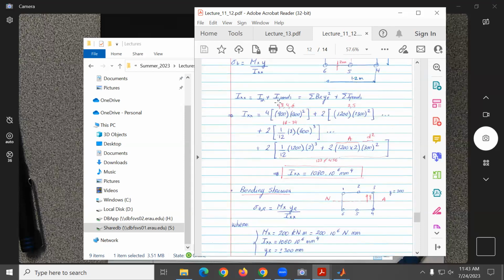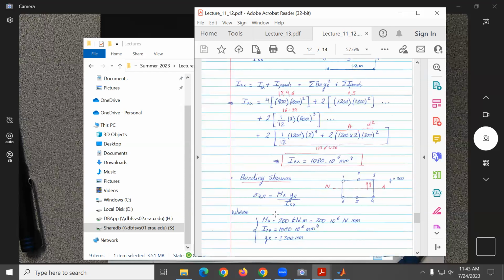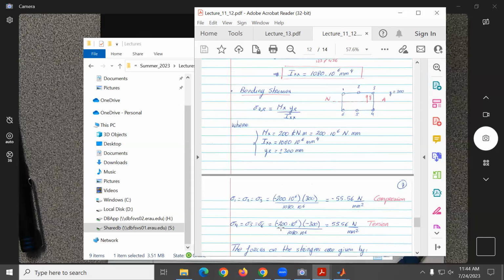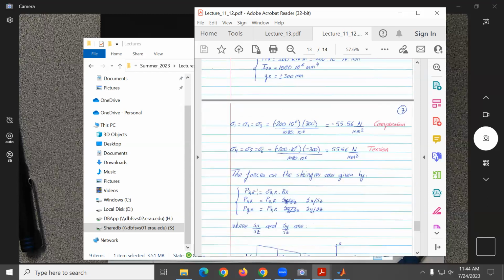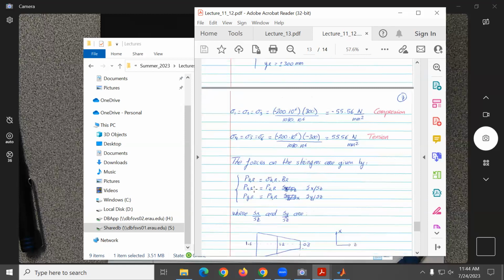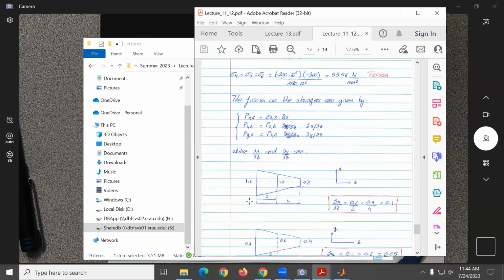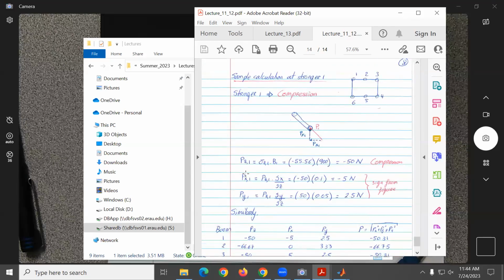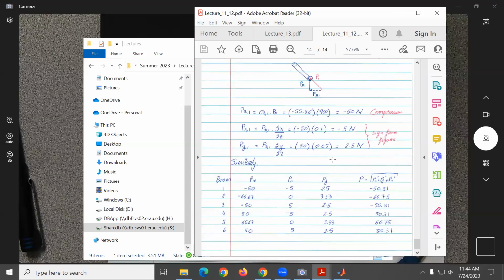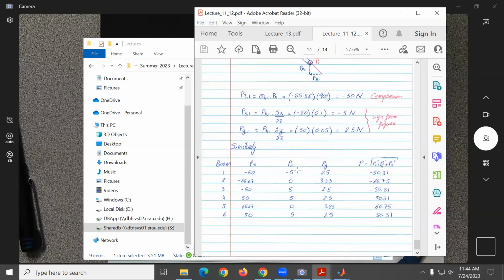But you see the process is to find the IXX, then you find the moments that will be identical, so this would be different. Okay, we found the bending stresses. After the bending stresses, we find the PCs, the PX, the PYs. We find the taper ratios. Okay, and we calculate these values over here that everything was summarized on the table.